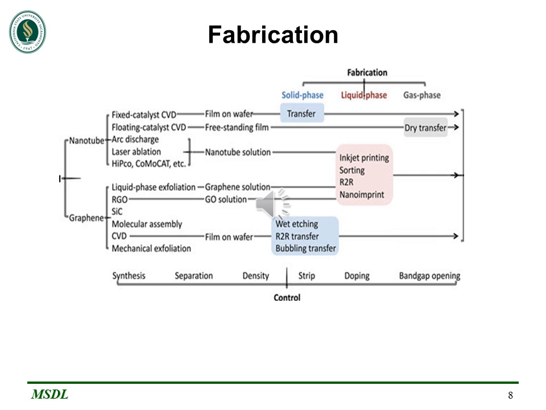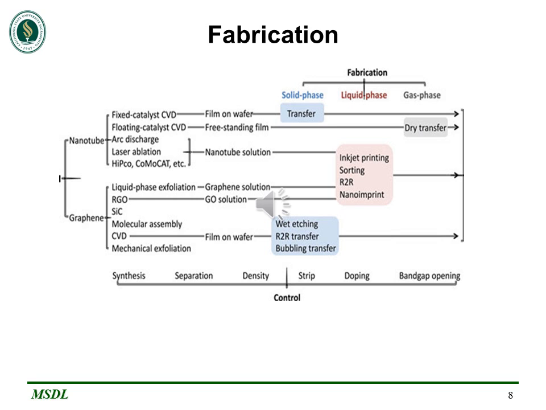So here we have the flowchart for the fabrication of flexible transistors. As you can see, nanotubes and graphene are the basic synthesis materials for the fabrication of flexible transistors, and on this flowchart you also see that we have solid, liquid, and gas phases separately defined, so that after the synthesis of nanotubes and graphene we have different ways of printing the films, the nanotube or graphene films, onto the substrate.